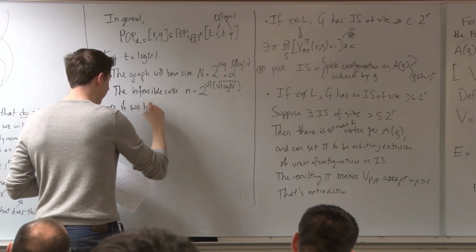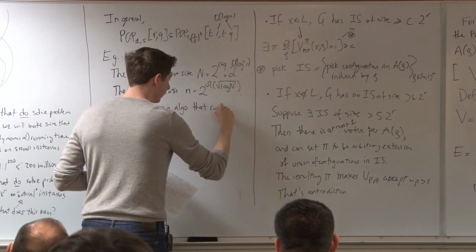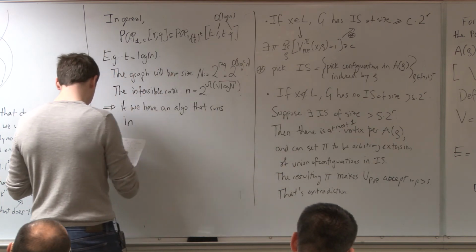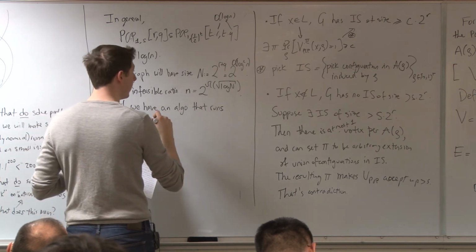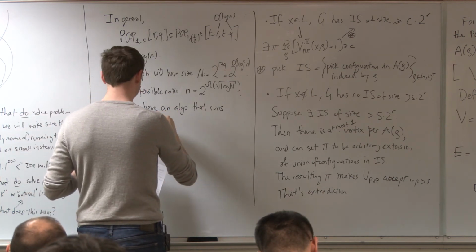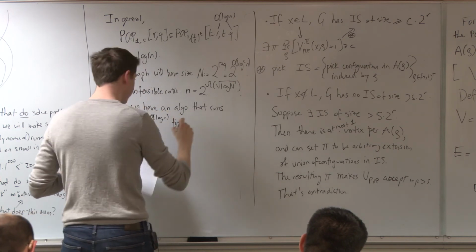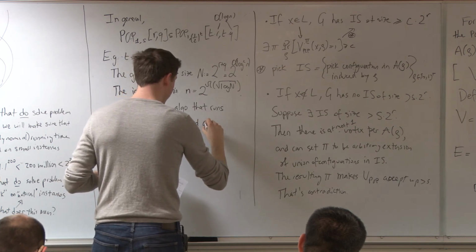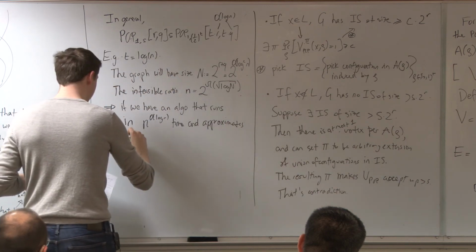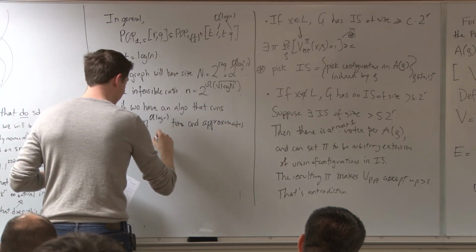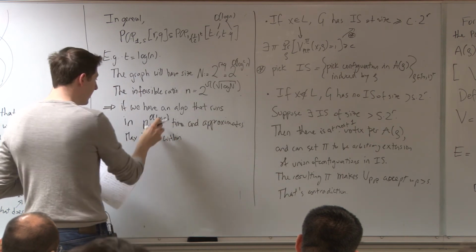if we have an algorithm that runs in n to the order of log n time, and approximates max independent set to within, by the way, why is it n to the log n?